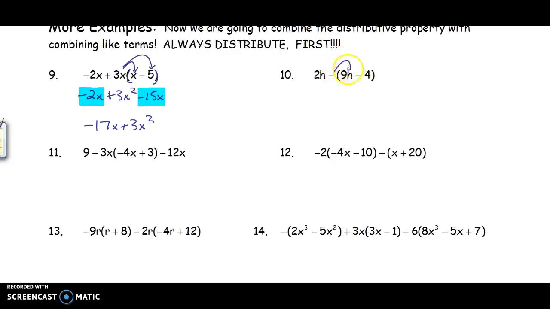Here, go ahead and distribute. I know it doesn't show a number, but we have to assume there's a 1 there. So negative 9h plus 4, and then bring down your 2h. Combine your like terms, 2h and negative 9h. So negative 7h plus 4.